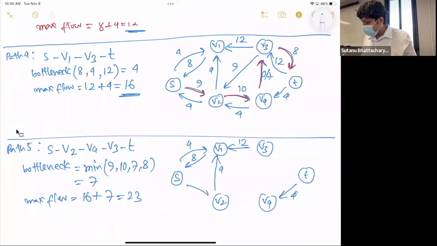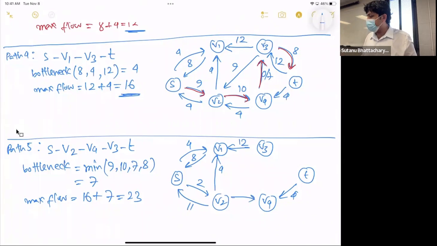Now what is the forward edge from S to V2? 9 is already there and I am using 7, so 9 minus 7 is 2. And what would be the back edge? 7 plus 4, that is 11.